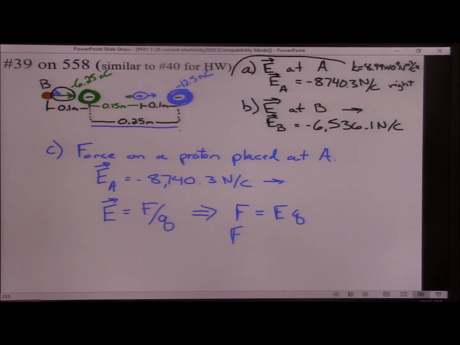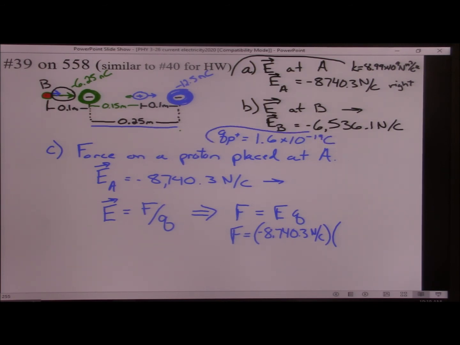And I have those numbers. So the electric field strength is negative 8,740.3 newtons per coulomb multiplied by the charge. Now this is a proton. A proton is an elementary particle, so the charge of proton P is equal to 1.6 times 10 to the minus 19th coulombs.